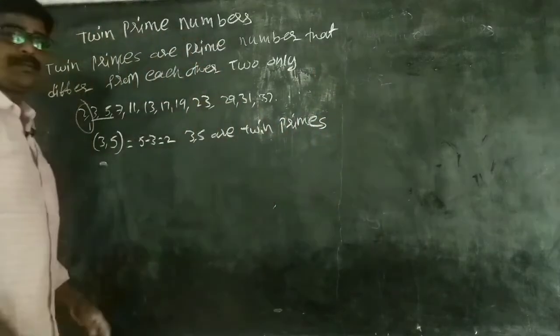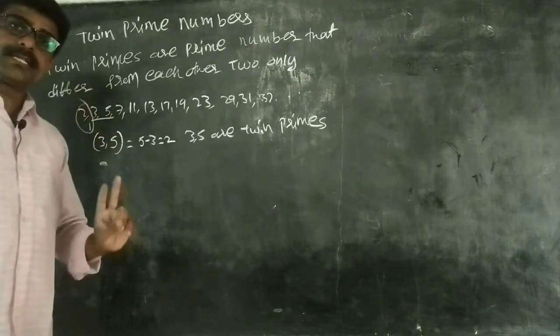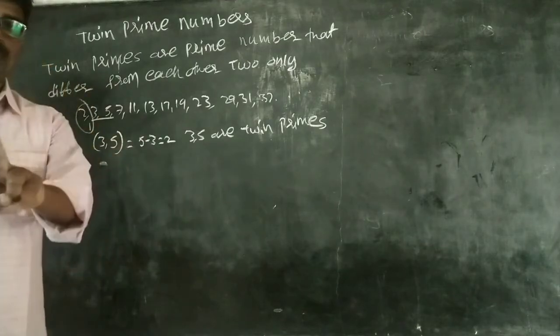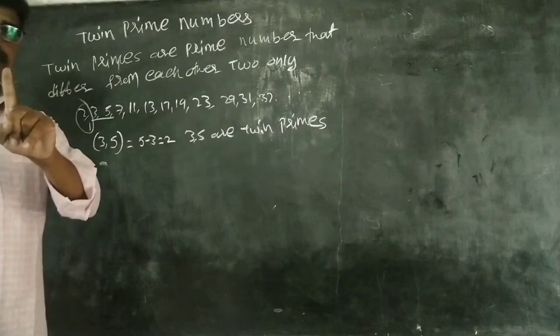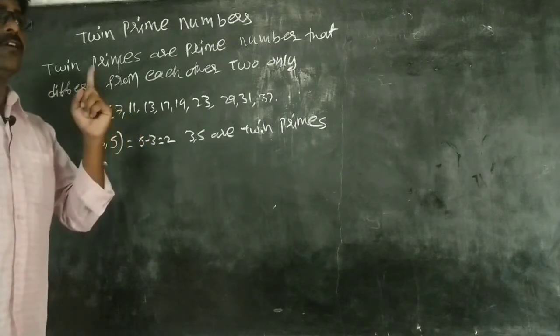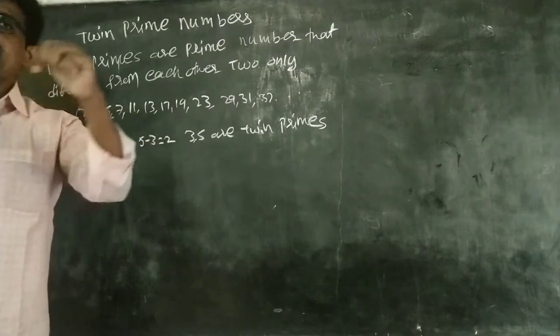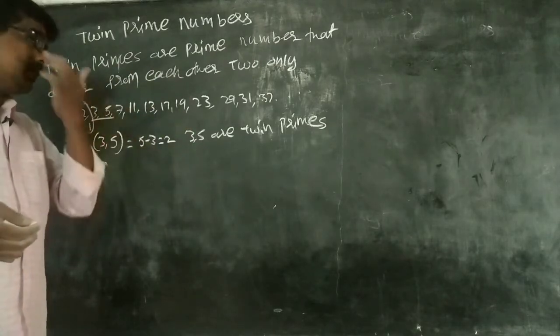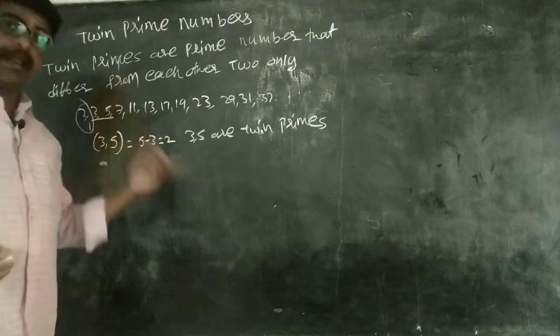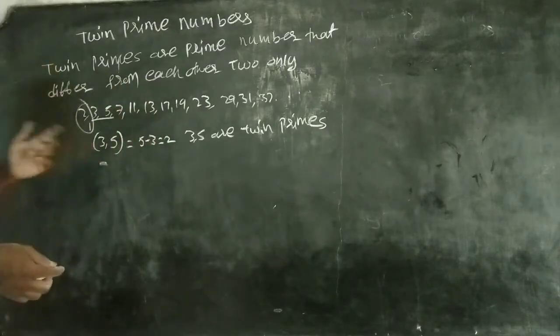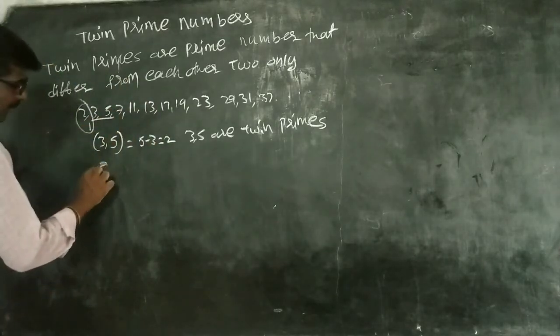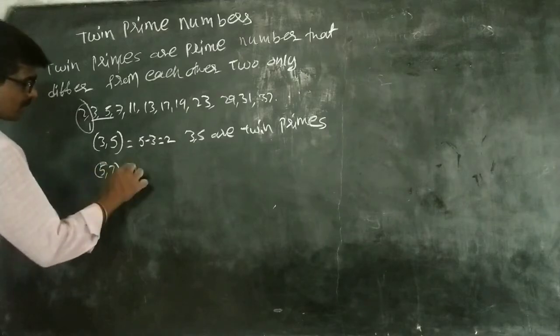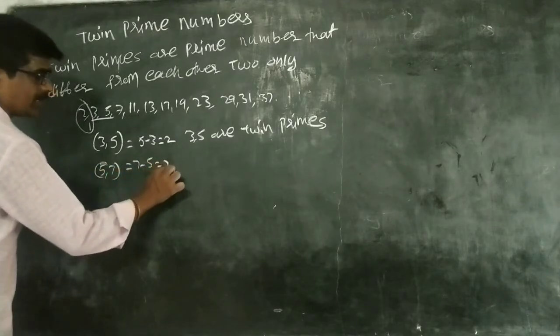So what does twin primes mean? They should be prime numbers and the difference is 2. This is the one concept. In co-primes, the common factor is only 1, and the numbers need not be prime, but here they should be prime only. Next, if I take 5 and 7, 7 minus 5 is equal to 3.